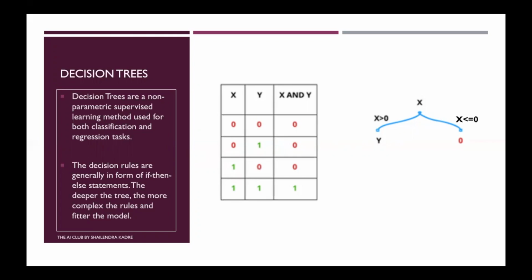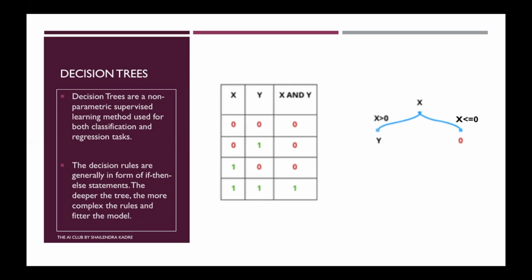Decision trees are a non-parametric supervised learning method used for both classification and regression tasks. Fine. So decision trees may not have parameters like we have seen in linear regression and other kinds of algorithms, where a lot of parameters or hyperparameters are involved. That many parameters won't be involved in the decision tree.